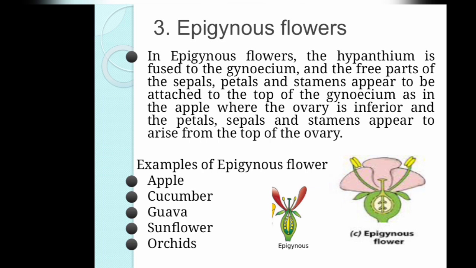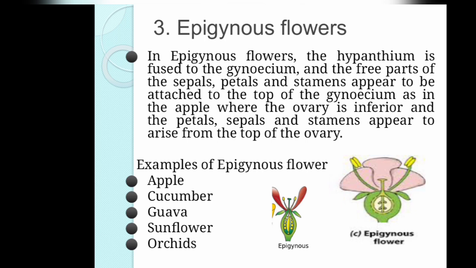Third type, that is epigynous flower. In an epigynous flower, the hypanthium is fused to the gynoecium, and the free parts of sepals, petals and stamens appear to be attached to the top of the gynoecium, as in the apple, where the ovary is inferior and the petals, sepals, stamens appear to arise from the top of the ovary. So here the ovary is not seen outside at all. It is covered totally by the thalamus.